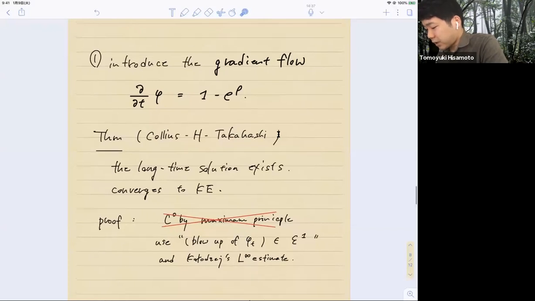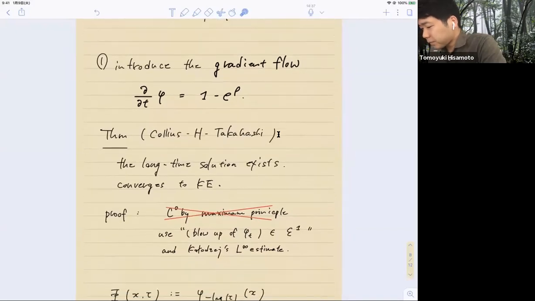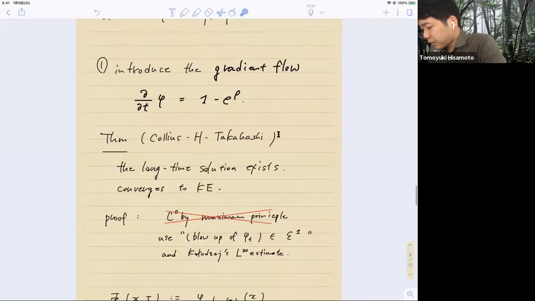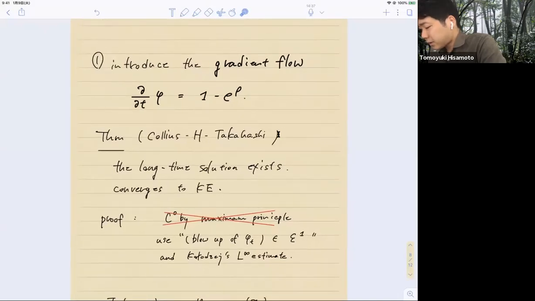And then we use Kołodziej's L-infinity estimate for the singular solution of the degenerate Monge-Ampère equation. So this equation looks easier than the Calabi flow, but still there are some technical matters for the proof.